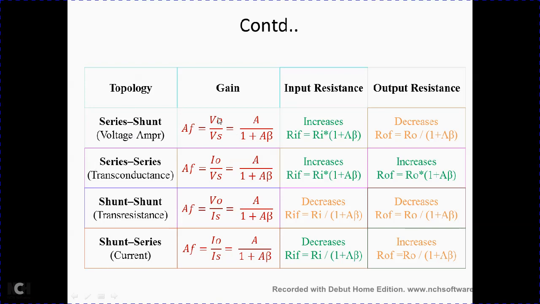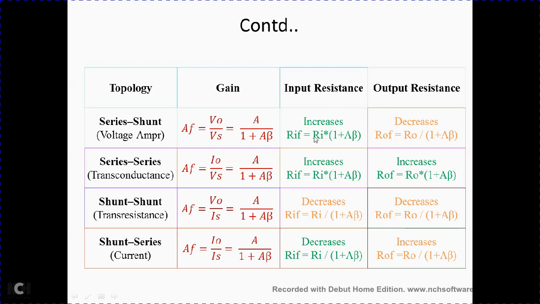The only difference is what input and output mean in these different amplifiers: voltage, current, voltage, current. This is where the resistances of the circuit differ. The green colored ones are increasing resistances, and the other ones are decreasing resistances with feedback.